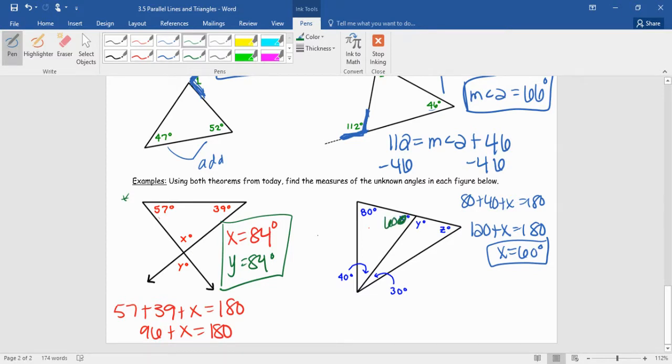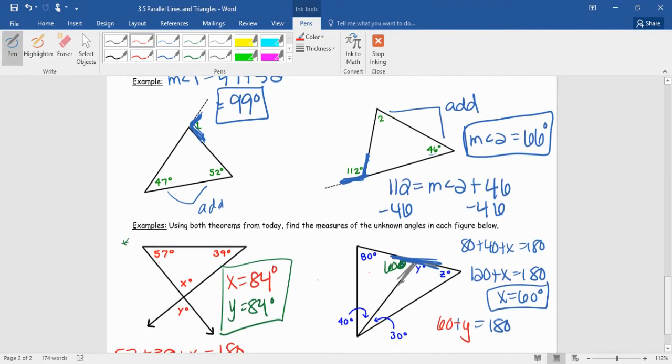And then there's a couple ways to figure out y. Since when you put this x right here and the y together they get a straight line, you could say that x plus y has to equal 180. And then since we solved for x already, we could say that 60 plus the y has to be 180. Or you could use the exterior angle theorem thingy from the last video.